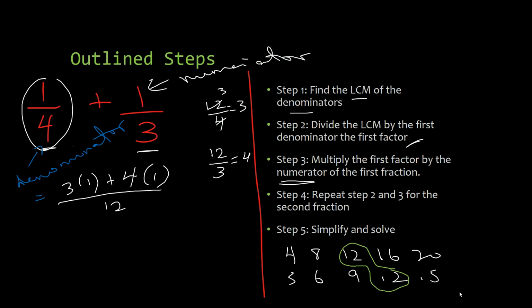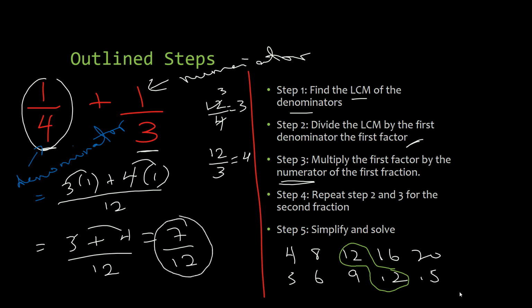From here, I can see that 3 times 1 will be equal to 3, plus 4 times 1 will be equal to 4. Divide that by 12, and I have 3 and 4 equal to 7. Divide by 12. Notice that the answer here is the same answer that we got in the previous part of the lesson.